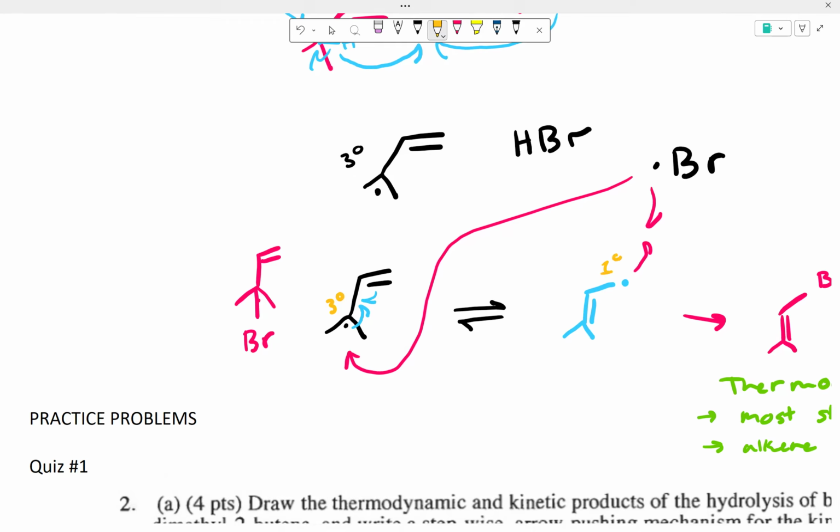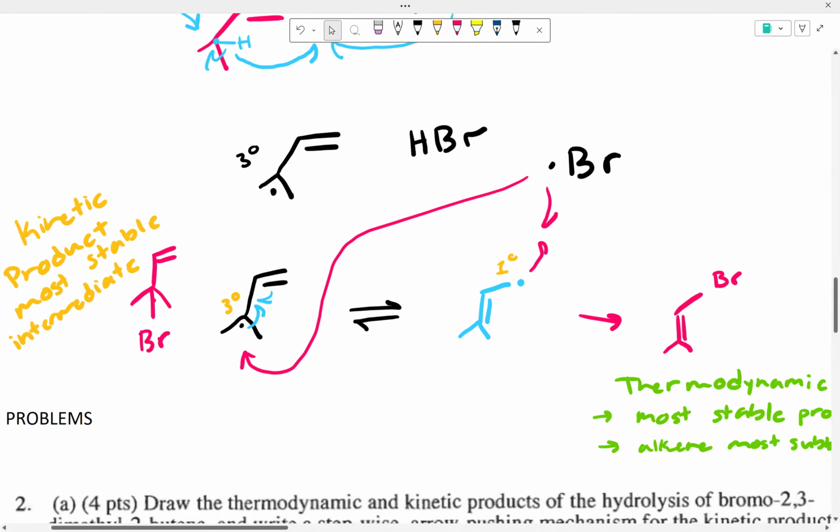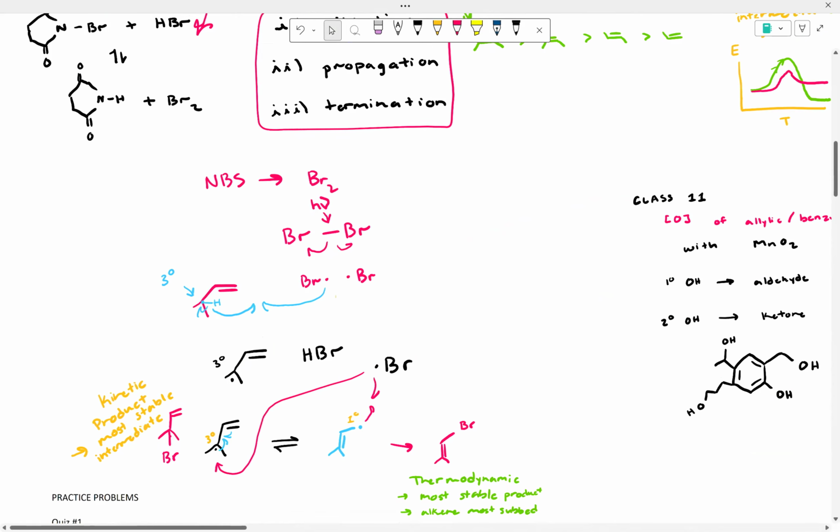So this means this is our kinetic product. Most stable intermediate. Boom. Okay.